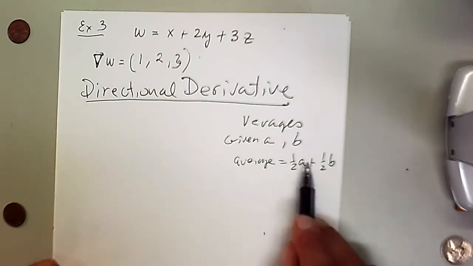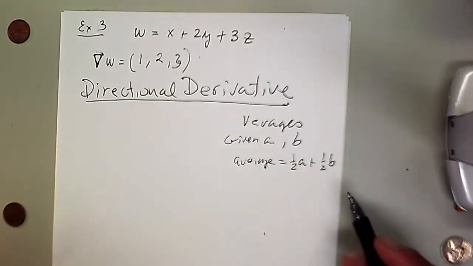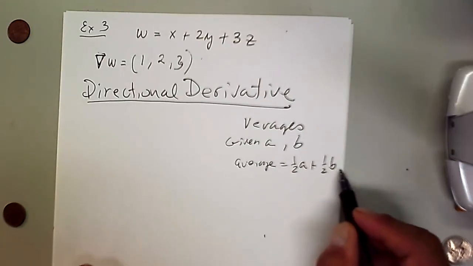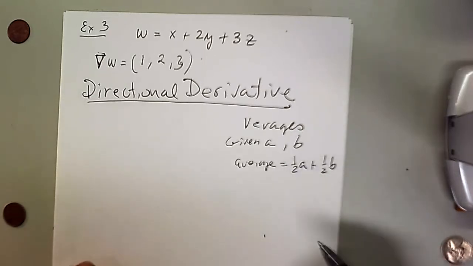This is the same thing as A plus B over 2, which we already knew. What if I wanted B to have more of an influence on the average? That would be a weighted average.